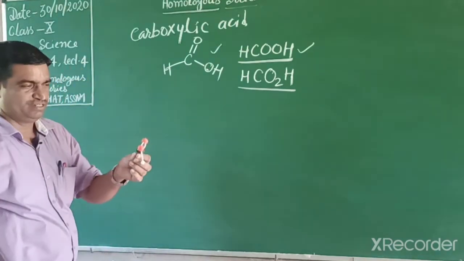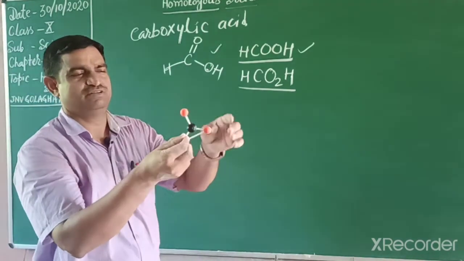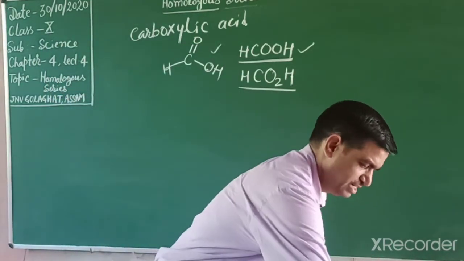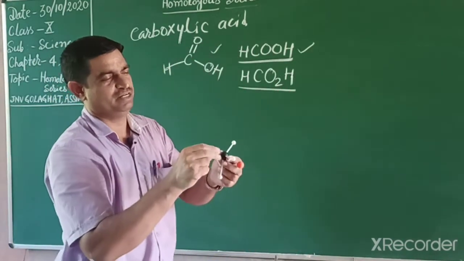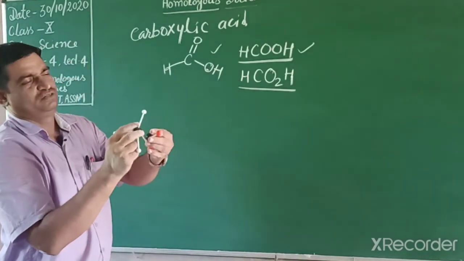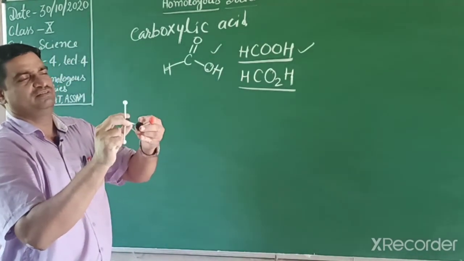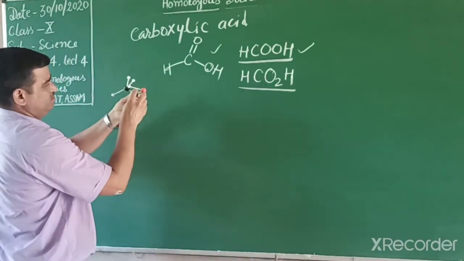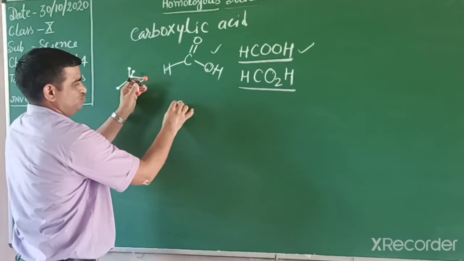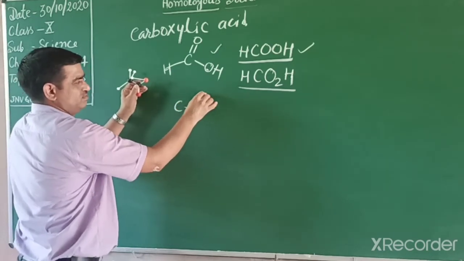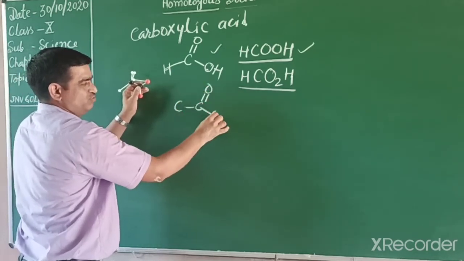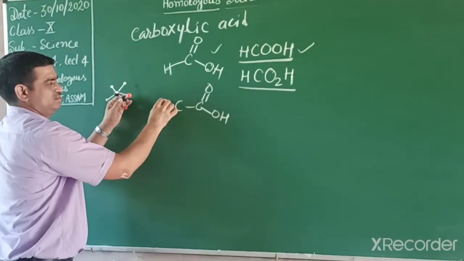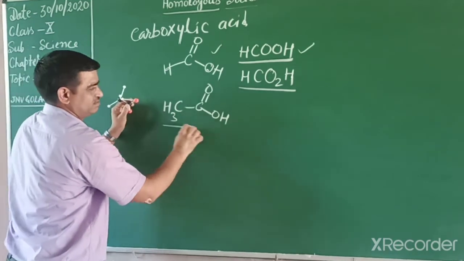So that is the first member, students. For the next member, what do we have to do? In place of hydrogen we add one more carbon. So by adding one carbon, the next homologous we can achieve, and that in your syllabus, 2 carbon, COOH, then you write 3 hydrogen like this.